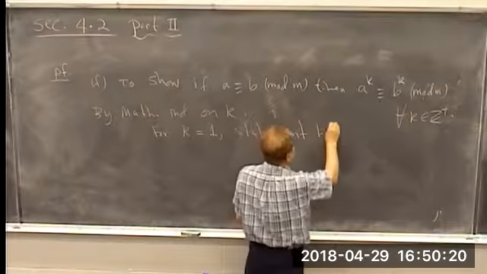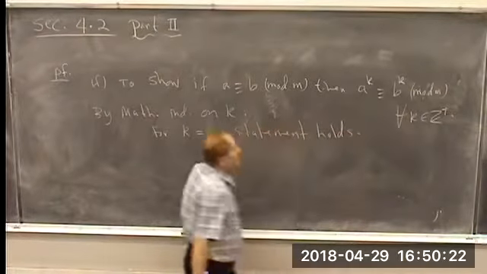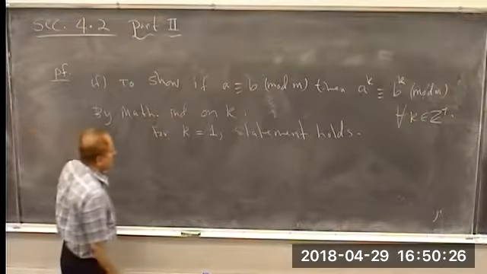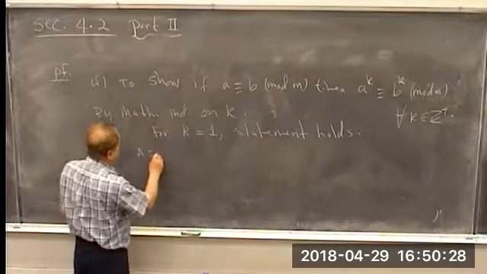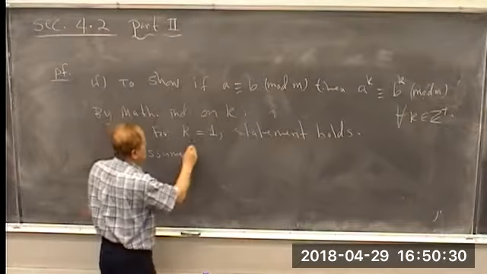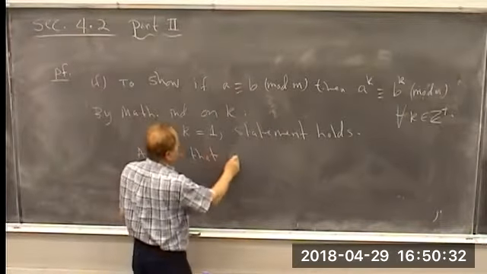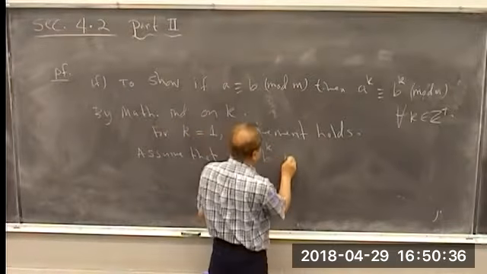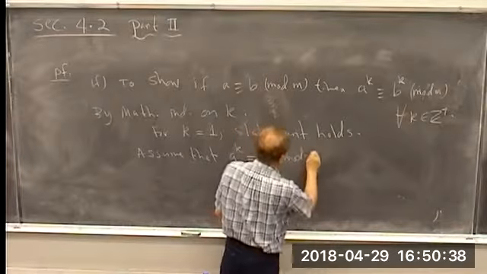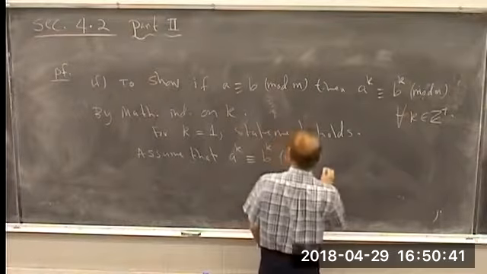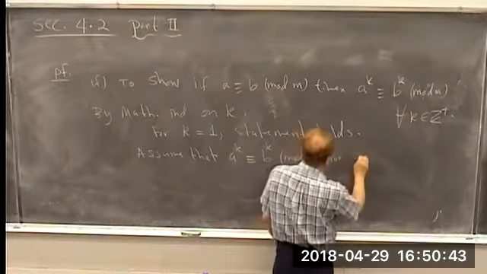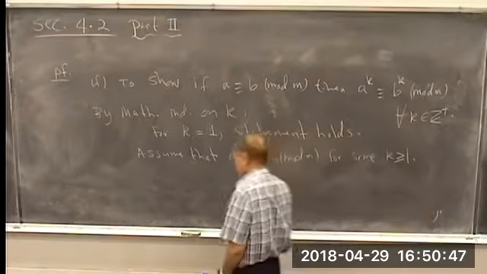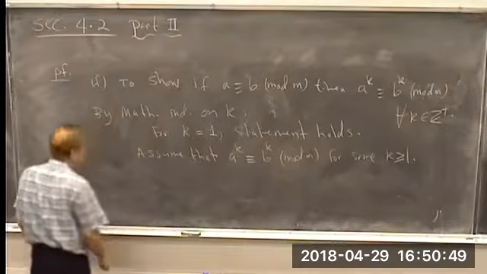And it holds. So let's assume that A to the K is congruent to B to the K mod M for some K bigger than or equal to 1. All right?